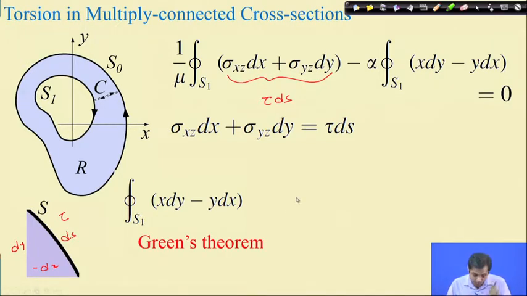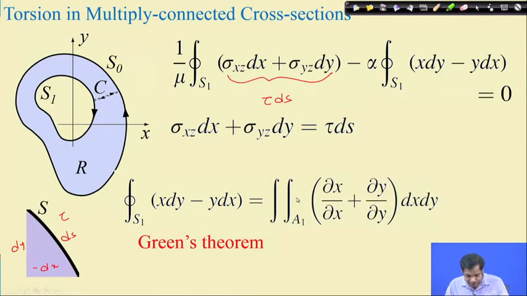So, if we apply Green's theorem, then this is essentially this. And what is A1? A1 is the area enclosed by S1.